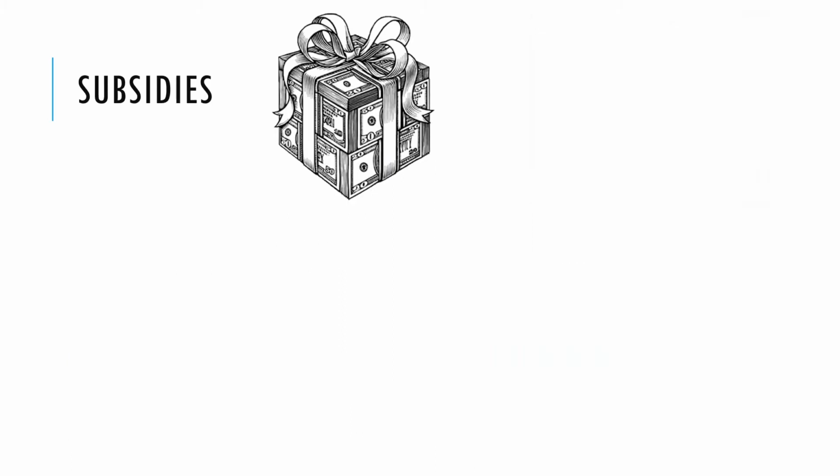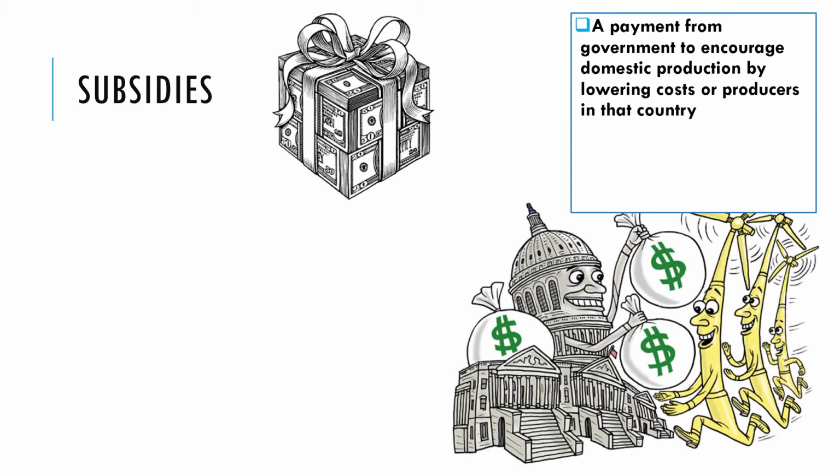Okay, a third way in which a government could try and restrict imports is through the use of subsidies. A subsidy is a payment from the government to a company within their own country to help that company lower costs and potentially lower prices to gain more sales.